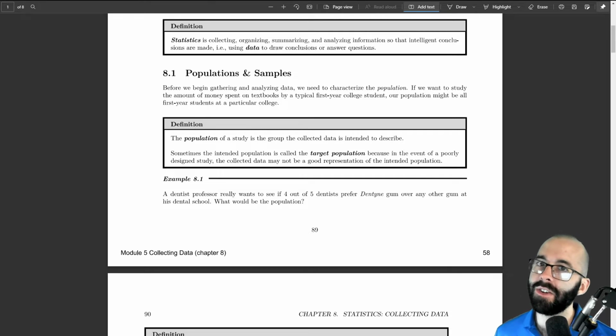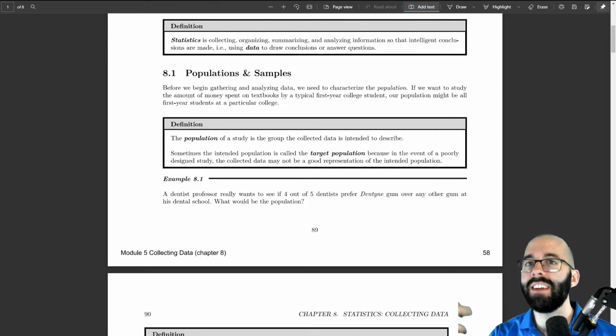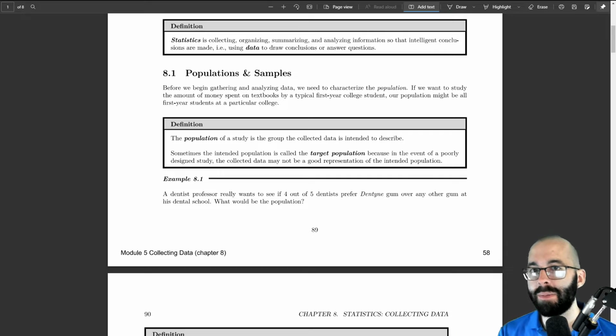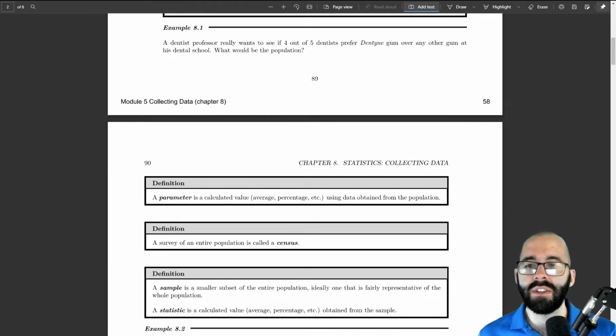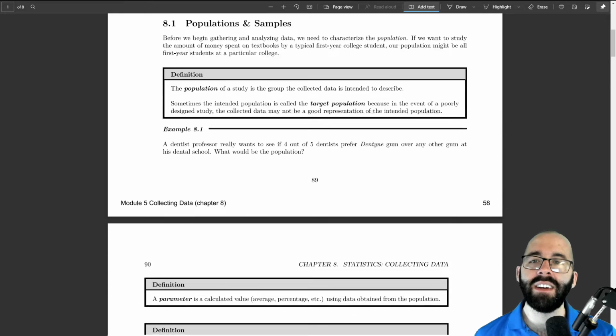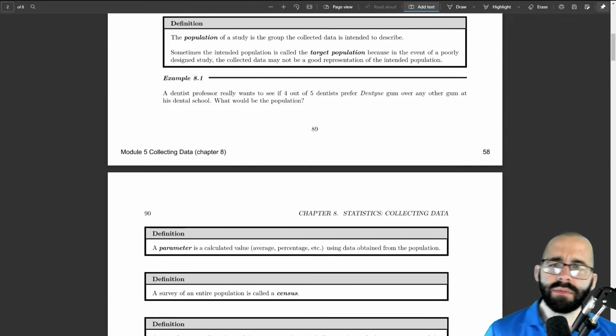But it's very difficult to actually ask every single person in our population. So that's why we cut it down to a sample, which is going to be on the next page. A sample is a smaller subset of the entire population, and ideally one that's fairly representative of the whole population. We'll cover that a little bit more in a later video.